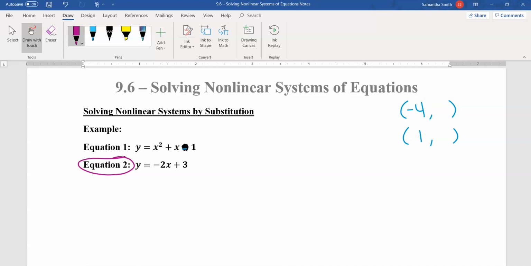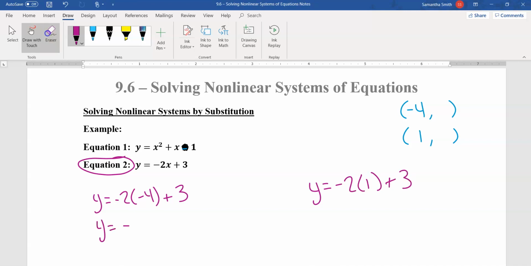So I'm going to plug -4 in for x. So y equals -2 times -4 plus 3. And I'm going to do it again and plug 1 in for x: -2 times 1 plus 3. So y equals 8 plus 3, so y equals 11.